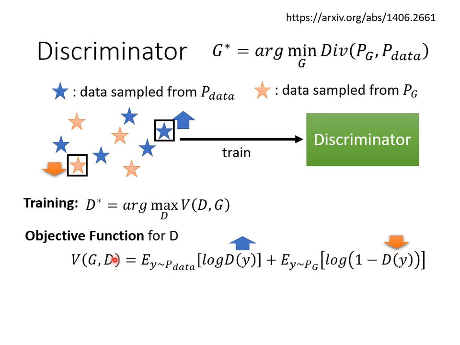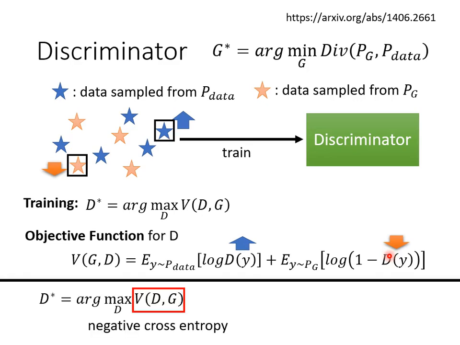Then we maximize the formula of V. We are going to find a model D to maximize this objective function. Let D of y, the score of generated images, be as small as possible. The smaller the value of discriminator output, the better.